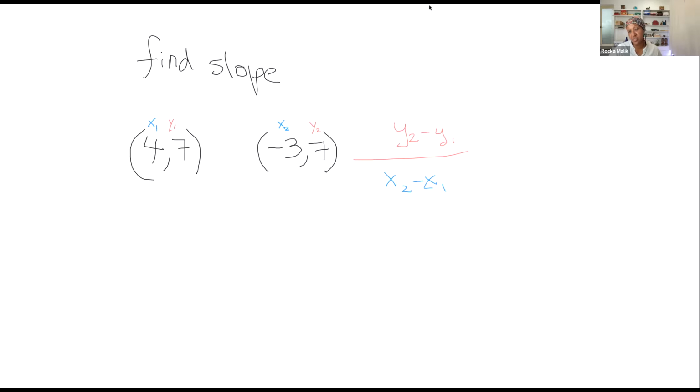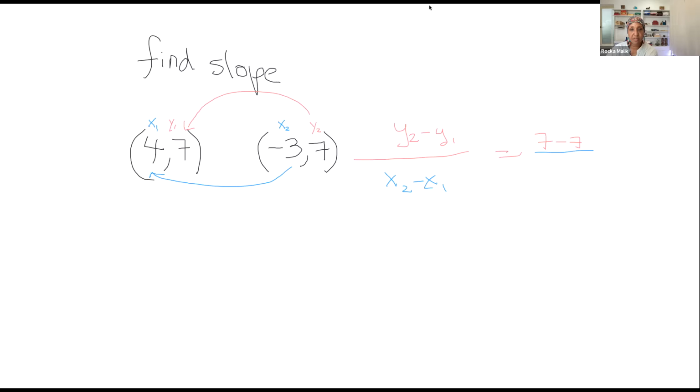You got no solution, or you got 0, right? So 7 minus 7 over x2 minus x1, which is minus 3 minus 4.